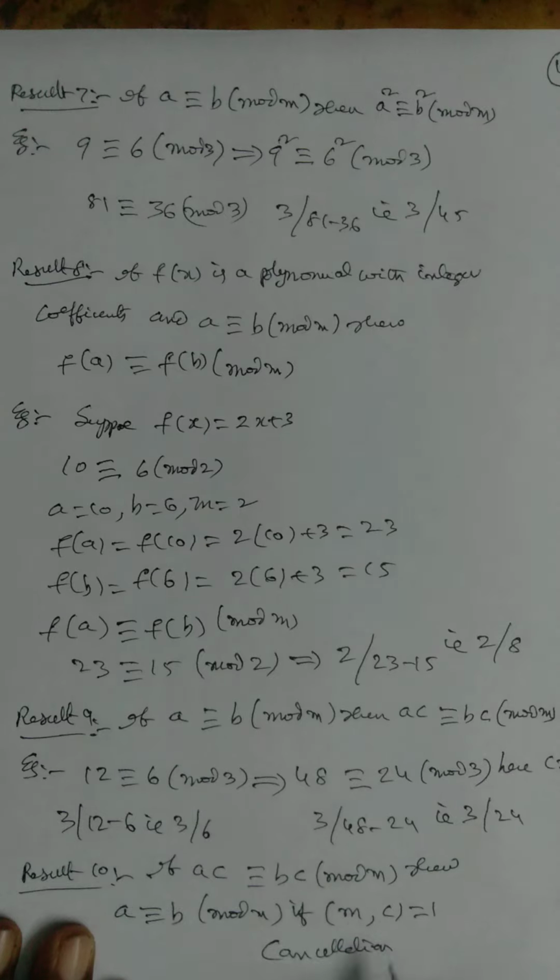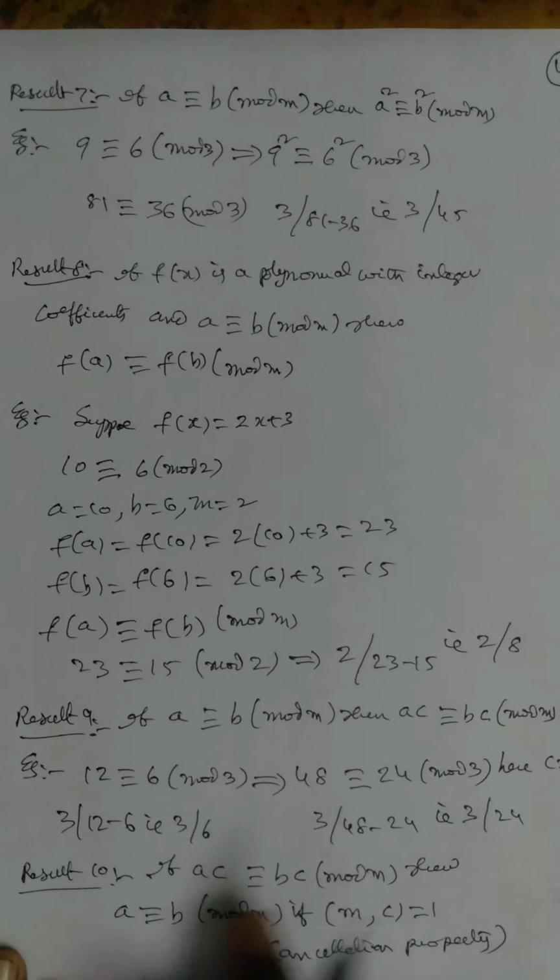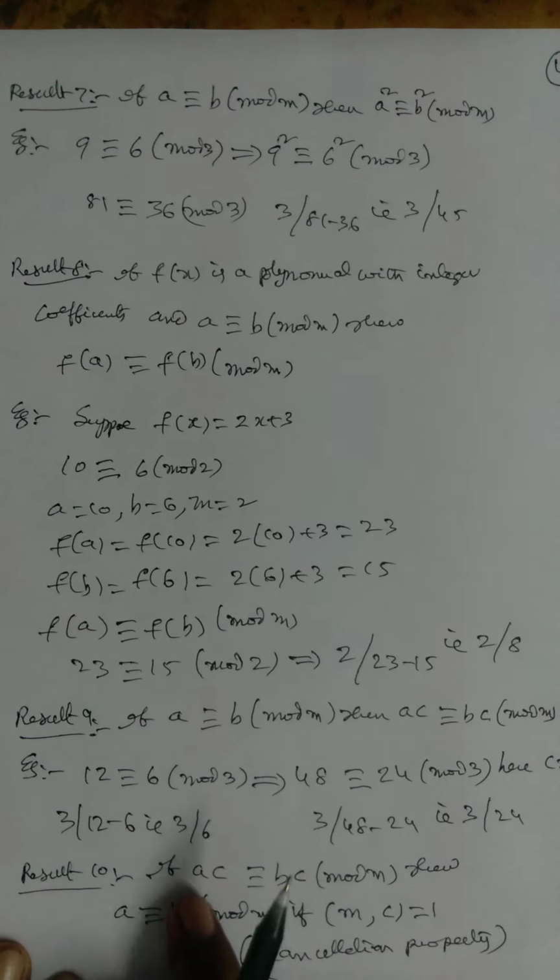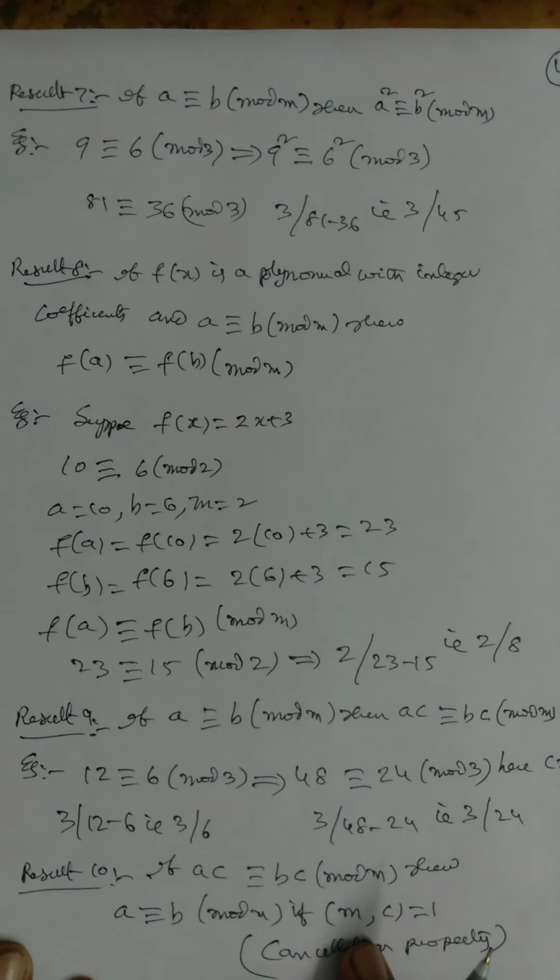This is the cancellation property or law. Cancelling c, we get this one. Provided GCD of m comma c is 1, then only it is possible. Result 10 is possible when the GCD of m comma c is 1.